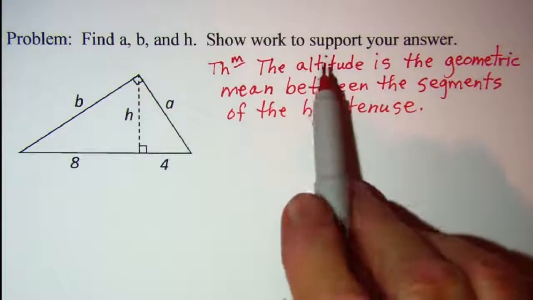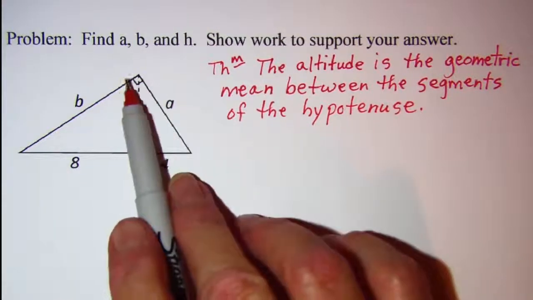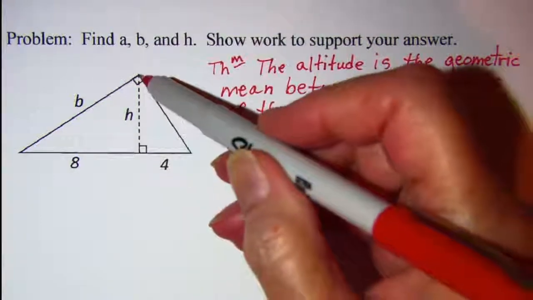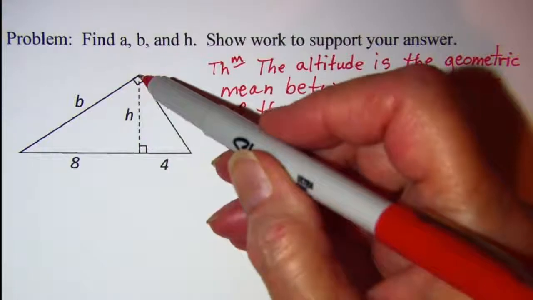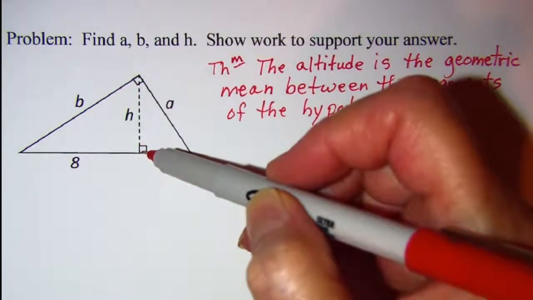Now this theorem only works when we have a right triangle and we have the altitude dropped from the vertex of the right angle to the hypotenuse of the right triangle.